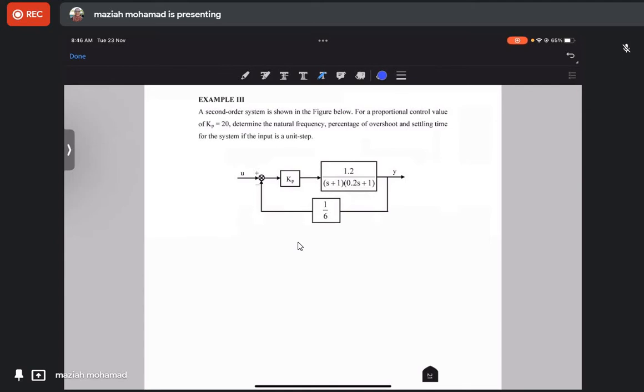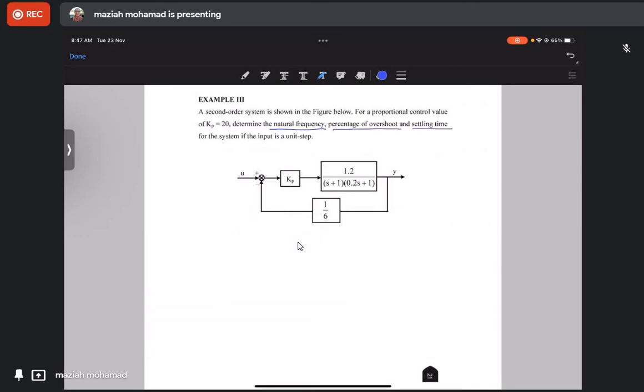So in this example here, the student will need to understand how we can get the value of zeta and omega n, because you need to determine the natural frequency, percentage of overshoot, and settling time.